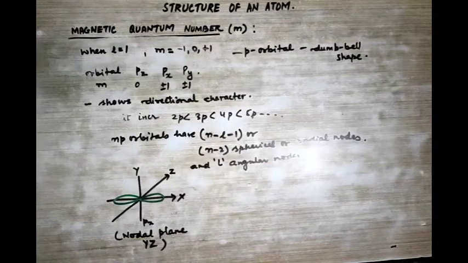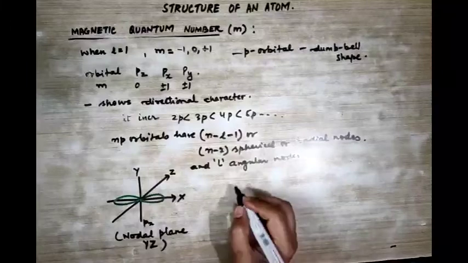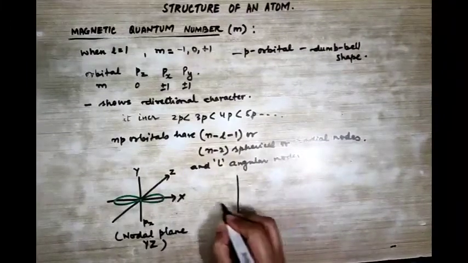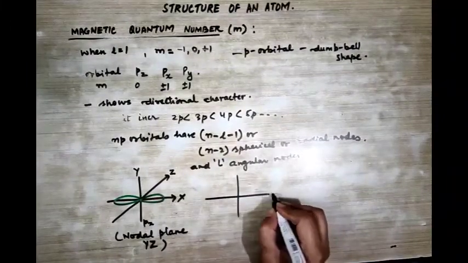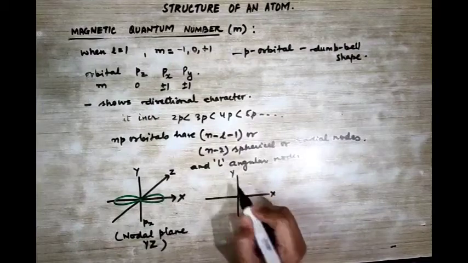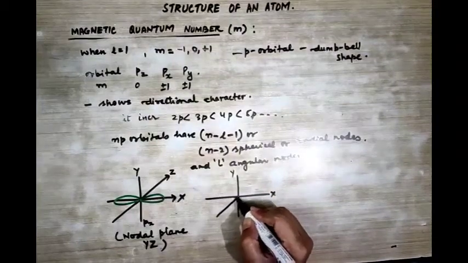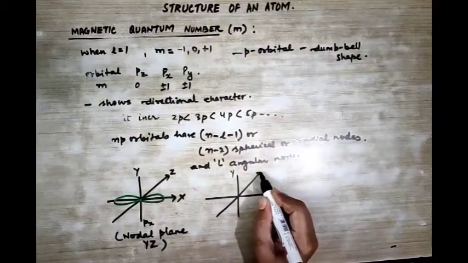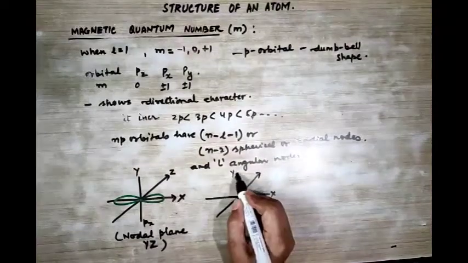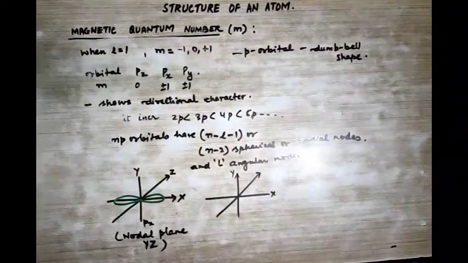Okay, let's see the second one. This is your x, this is your y, and this is your z axis. Clear?